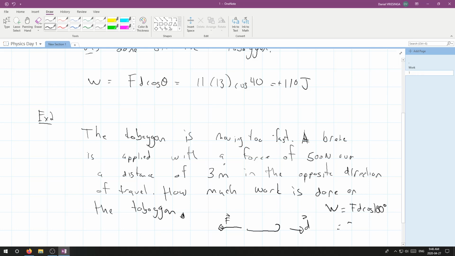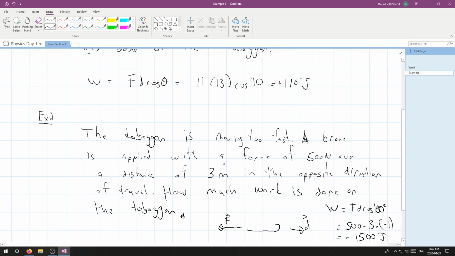My force is 500, my distance is 3 meters, and the cos of 180 degrees is -1. So the answer is 1500 joules, and it's negative.